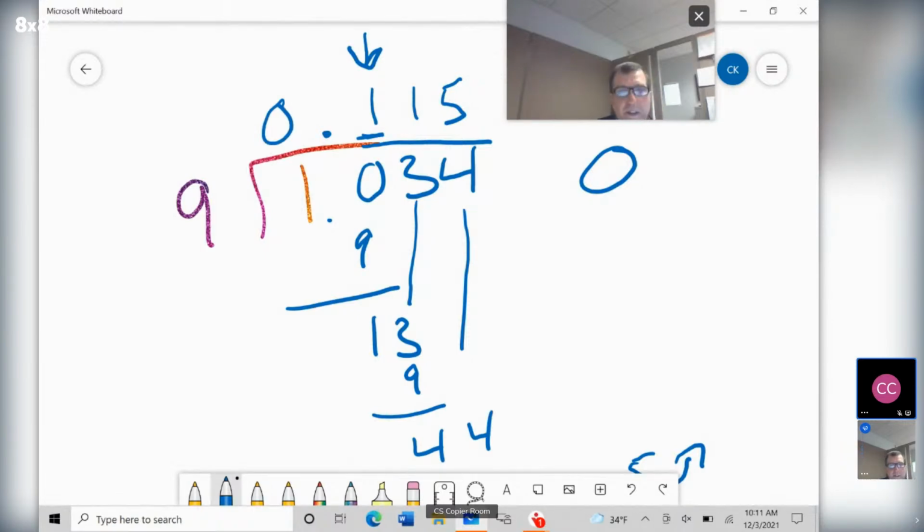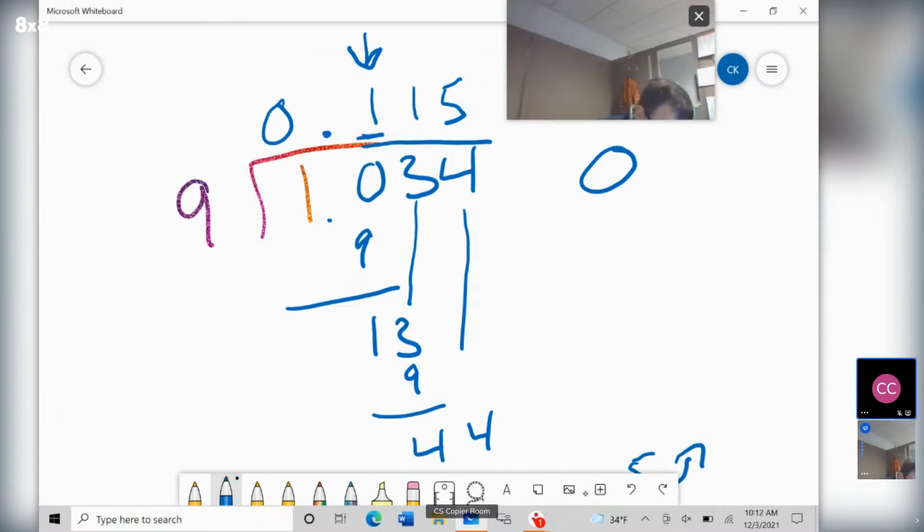It says round to the nearest whole number. I just did some examples of moving the decimal over so you guys get familiar with that. But if the question's asking for round to the nearest whole number, the answer would actually be 0. Okay, because 0.115 basically rounding to the nearest whole number would be 0.